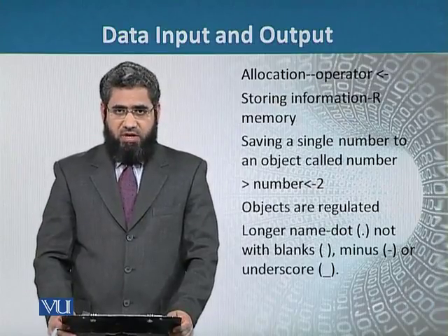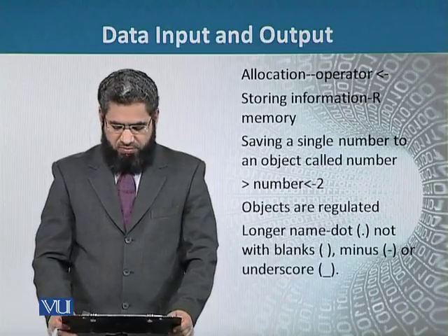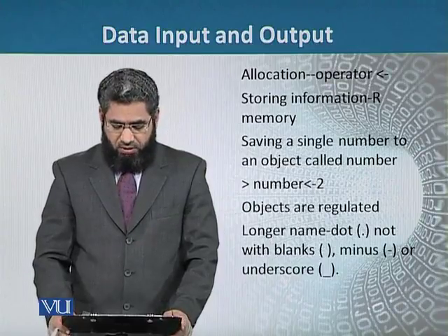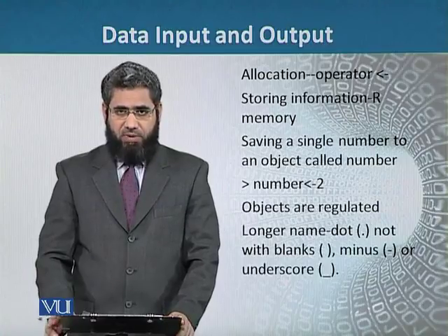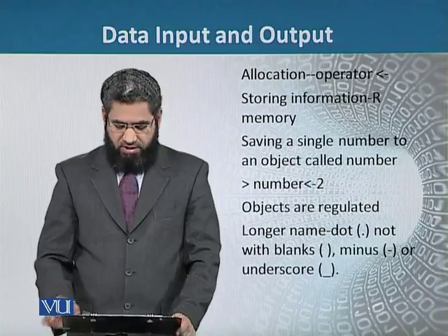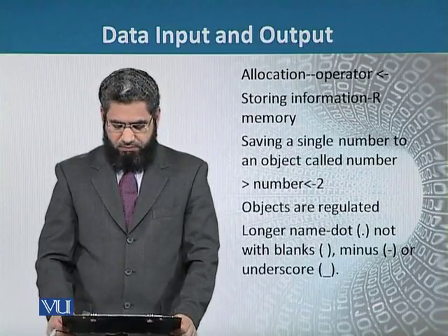So if we want to save a single number to an object called number, then we write the object name, then the allocation operator, and then the value we need. Here it is 2.